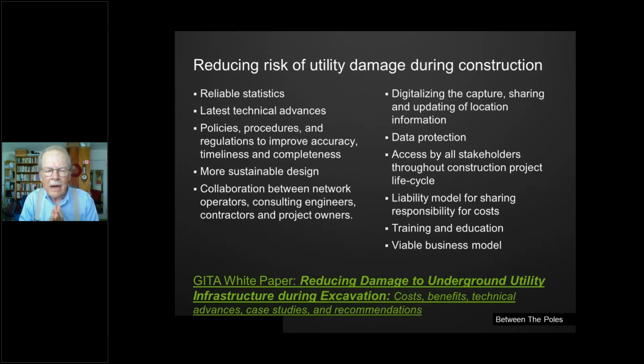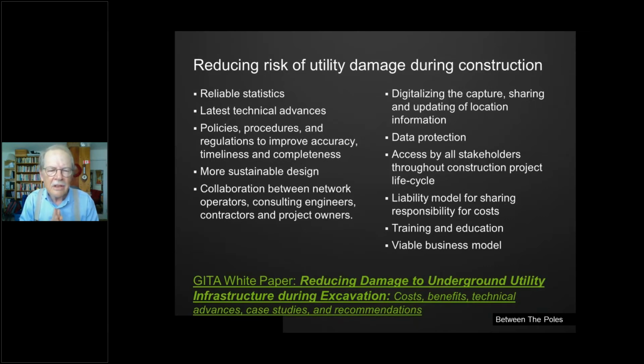For the white paper, Dr. Shinoaki and I came up with a list of 25 different things that could be done to help reduce underground damage. And this is just a quick summary of them: reliable statistics, taking advantage of some of the technical advances we talked about, policies, procedures, legislation, regulations to improve accuracy, timeliness, and completeness.